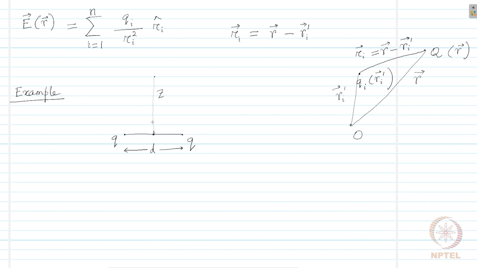So, if we have this kind of an arrangement, we can see that the electric field due to the left hand side charge would point in this direction, the electric field due to the right hand side charge will point in this direction, and the resultant direction of the electric field would be along the z direction.